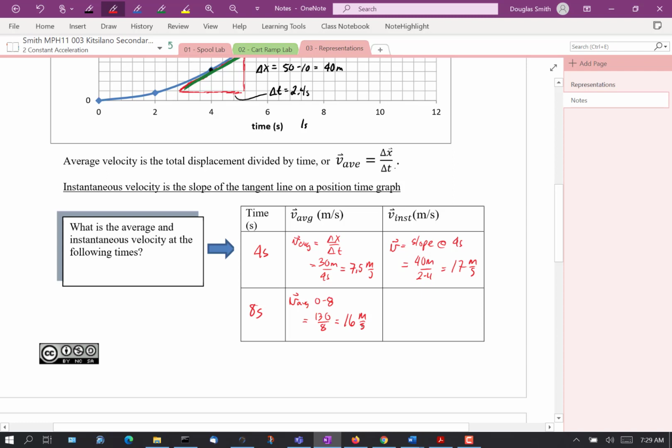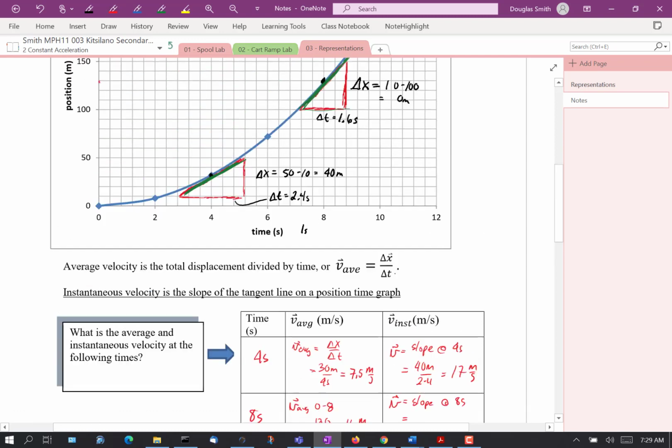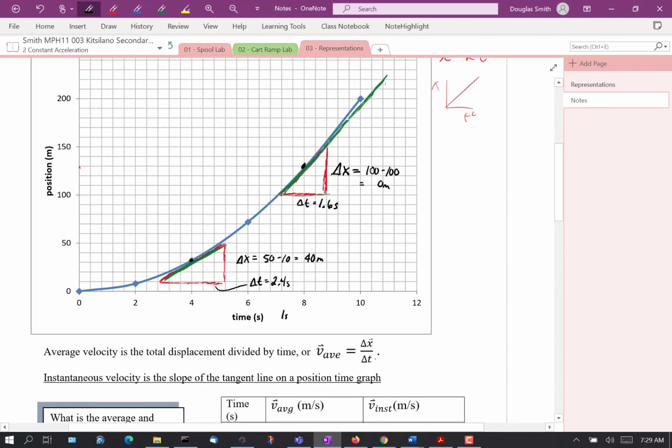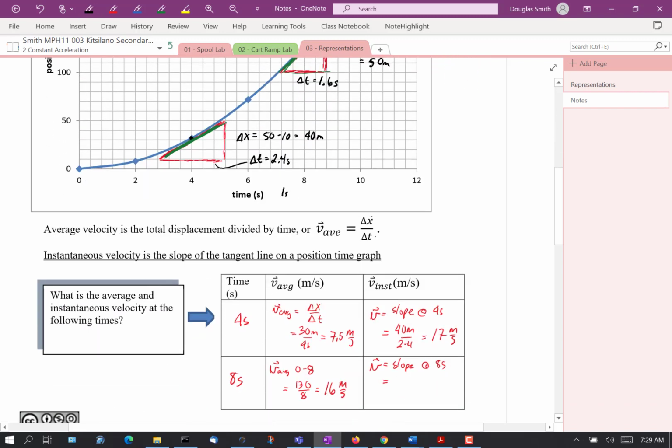The instantaneous velocity, however, is the slope at 8 seconds. And I think I have here, oops, I've erased some stuff. That should be 150. So this is 50 meters. So 50 over 1.6.